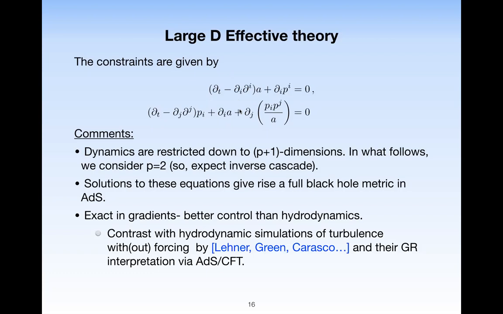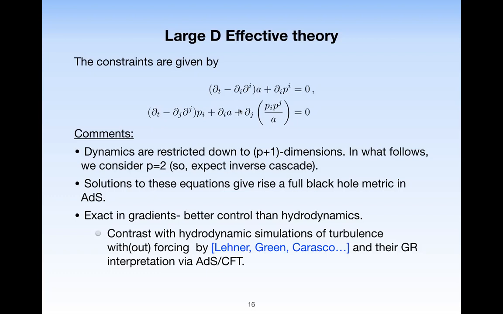So if the fluid is incompressible, I mean, if the divergence of P is 0, then A obeys a diffusion equation. So somehow you take this large D limit, and it puts you in some non-relativistic regime, right? So probably this question about relativistic turbulence was irrelevant in the context of what you're doing.